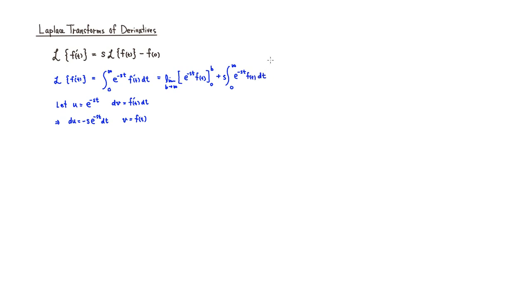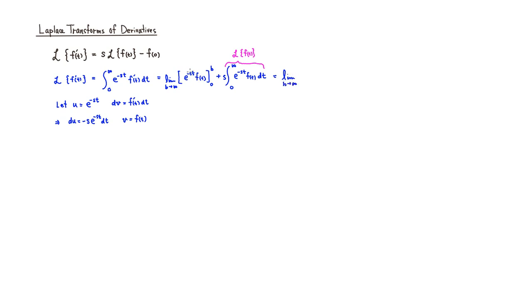You notice that this integral here is already the definition of the Laplace transform of f of t. So we just have to evaluate that limit. Here we have a limit as b approaches infinity.